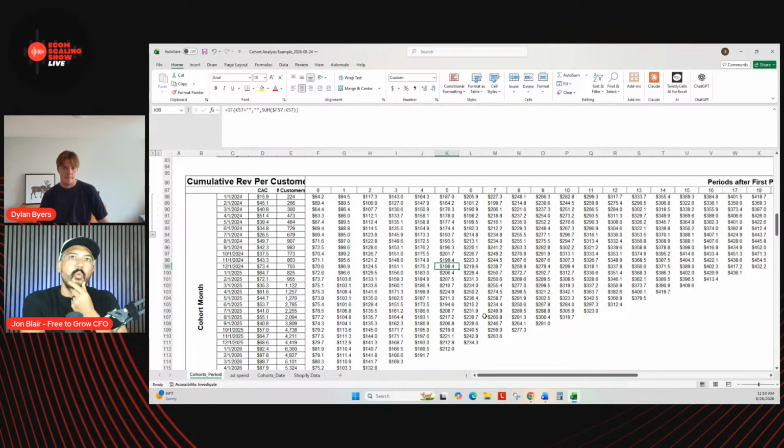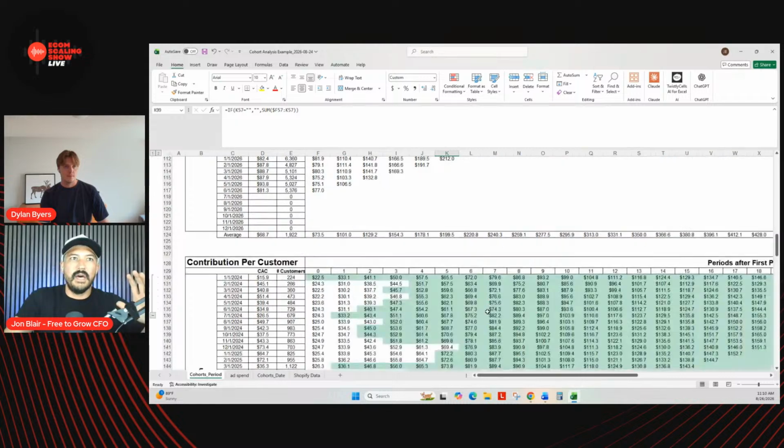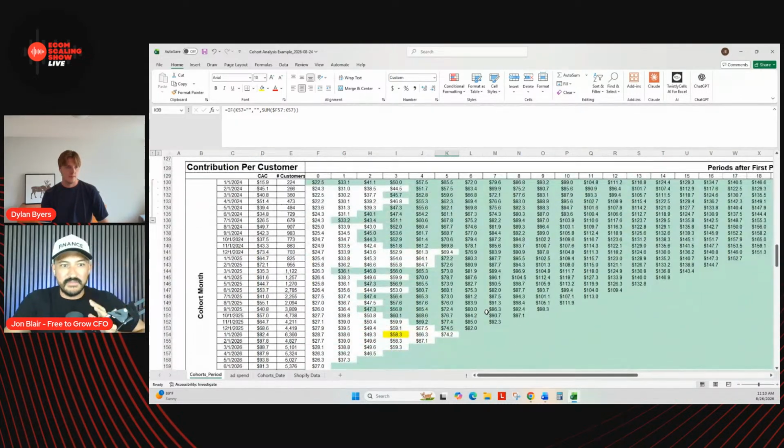Now, what is important, I'm going to take this a step deeper here. So now we have LTV. This is your amount spent per customer times your margin before marketing. So we've got LTV per customer on average for all of these different cohorts.